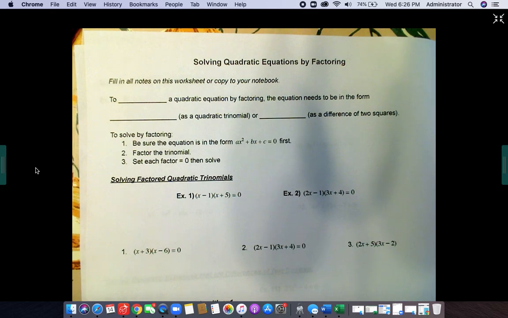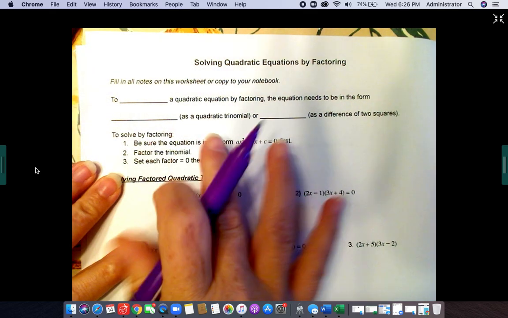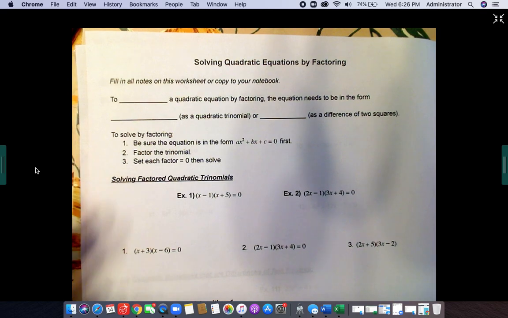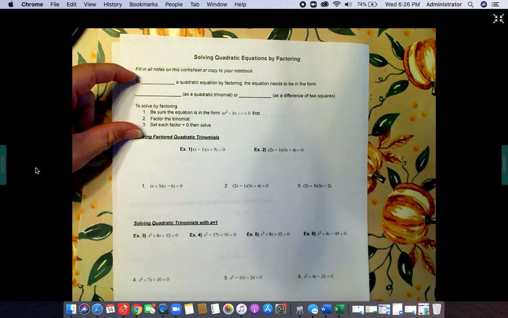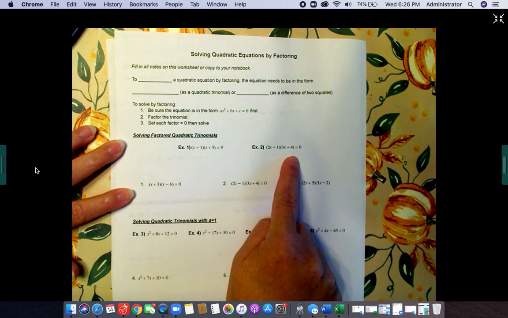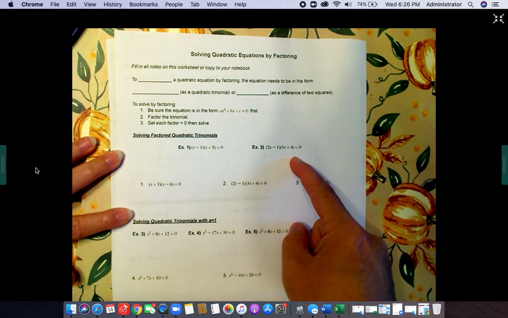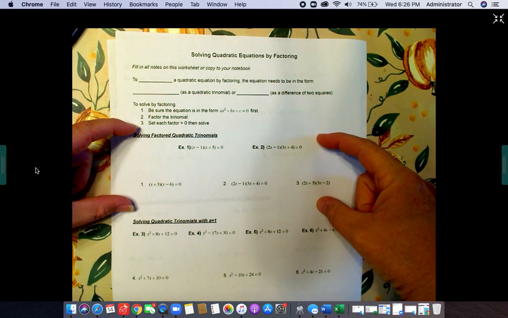Solving quadratic equations by factoring. The notes that I have here, this PDF, is going to be available on the announcements page in Canvas. You're welcome to print it if you have that capability. Otherwise, you will need to write this in your notebook. On the handout, we're just going to write in a little bit, and I'm going to work through these examples, and then I'm going to stop the video, and then you're going to go and do 1, 2, and 3.